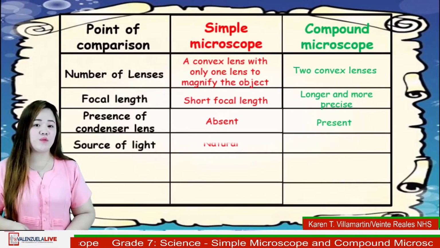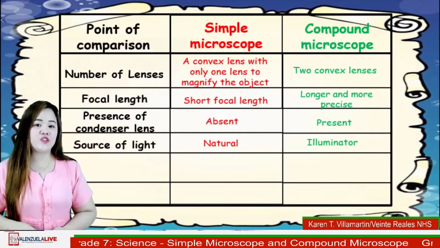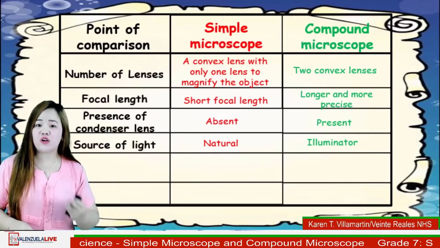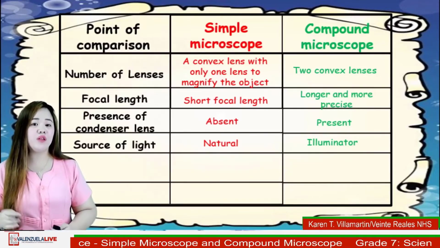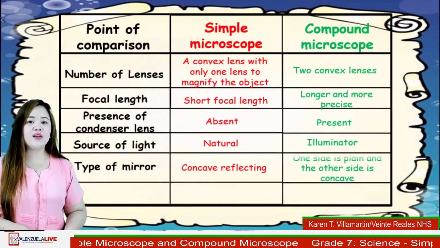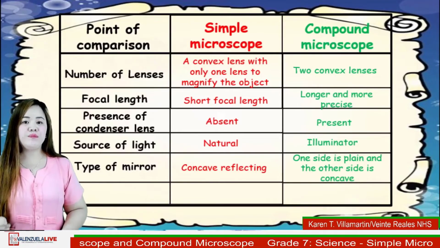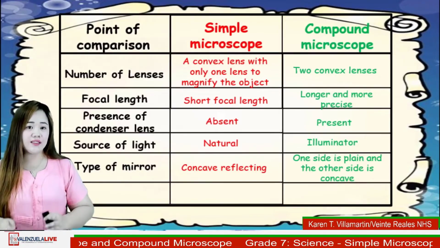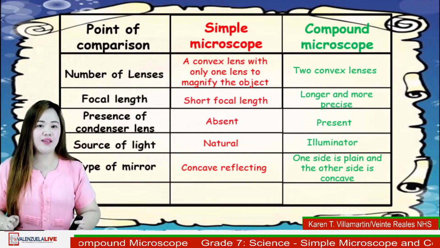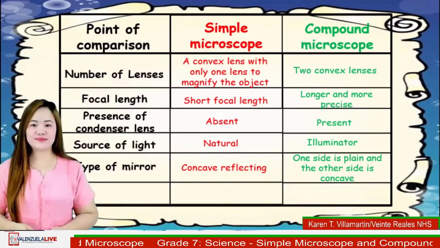Next is source of light. In simple microscope, light source is natural, while in compound microscope, illuminator is a source of light, which is helpful when small pieces need to be seen. In terms of the type of mirror, in simple microscope, mirror is concave reflecting type, while in compound microscope, mirror is plane at one side and concave at the other side.